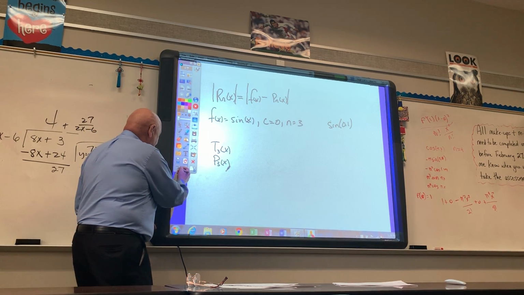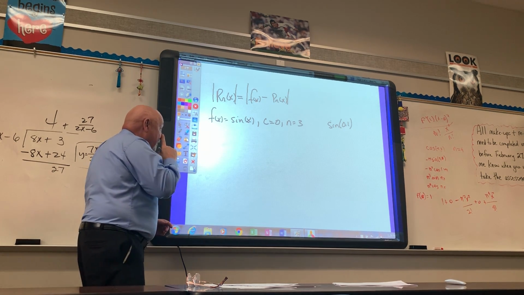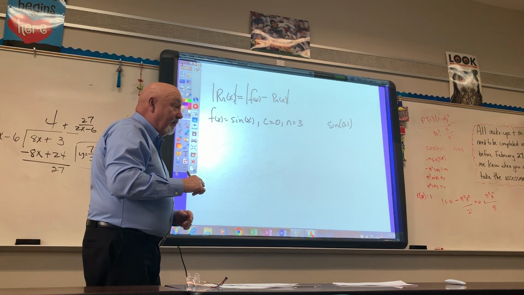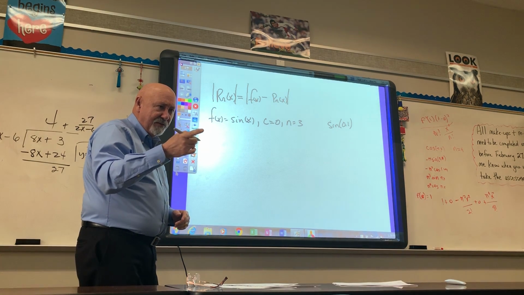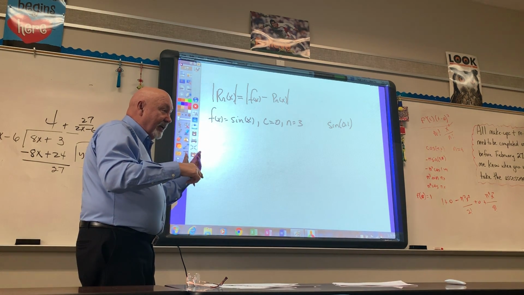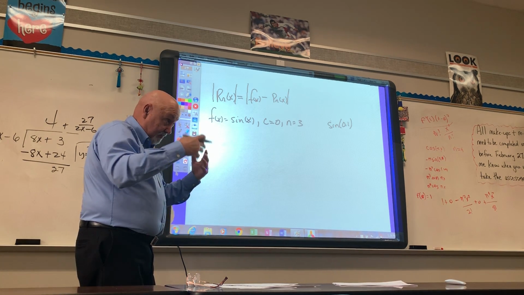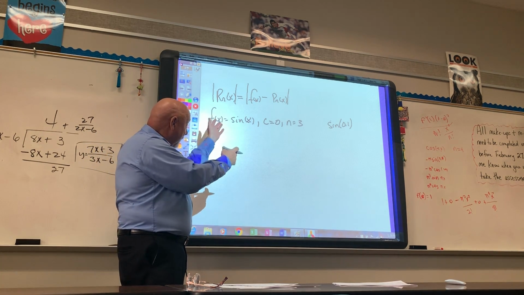The shortcut you're referring to is memorizing the formulas on page 674, whatever it is, and then just making adjustments. Now, in the case of sine x, there is no adjustment, you have to write it out.